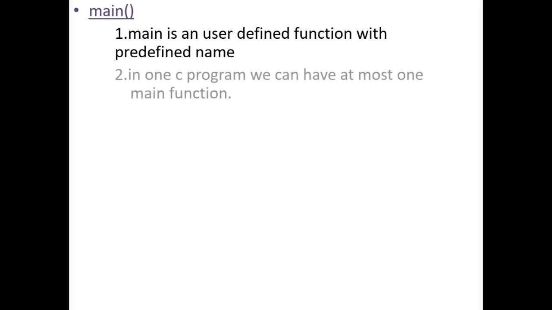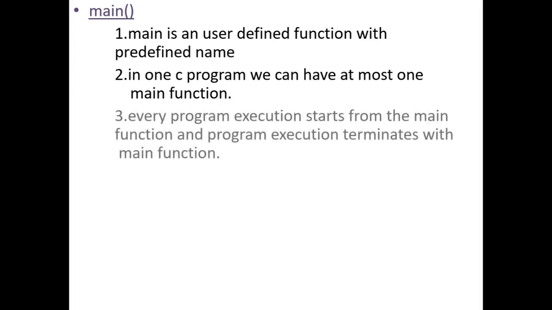And in one C program, you can have at most one main function. We cannot have two or more main functions. We can have only one main function. And one more important thing is, we said that in C, the compilation takes place from top to bottom. So here the execution takes place from the main function and it terminates within the main function itself.